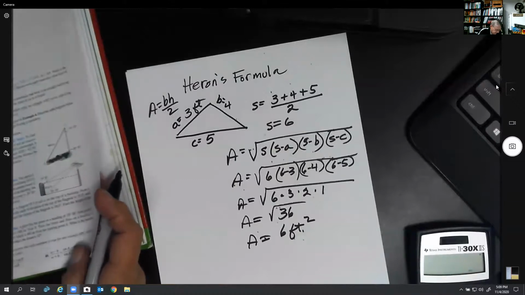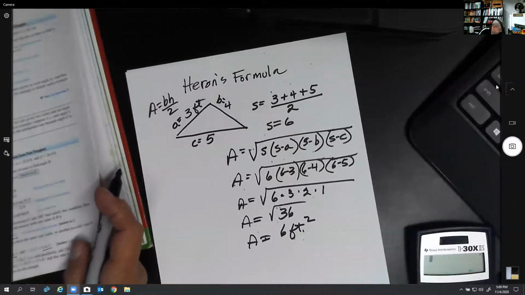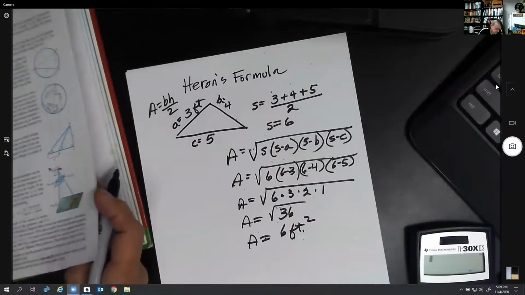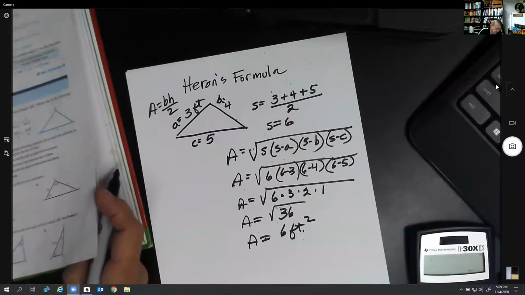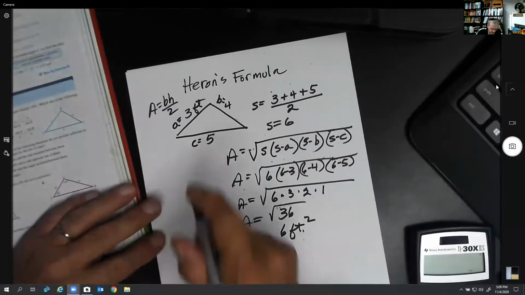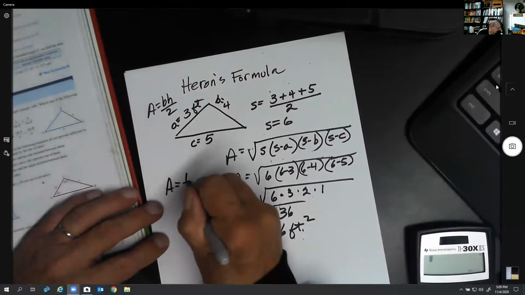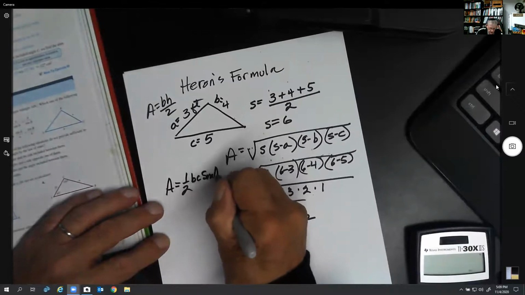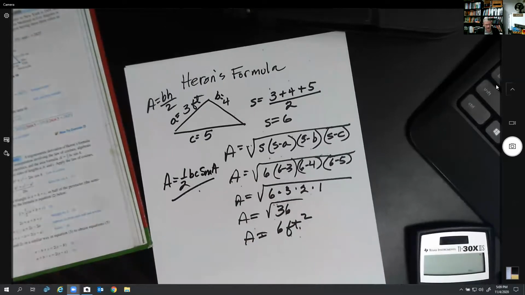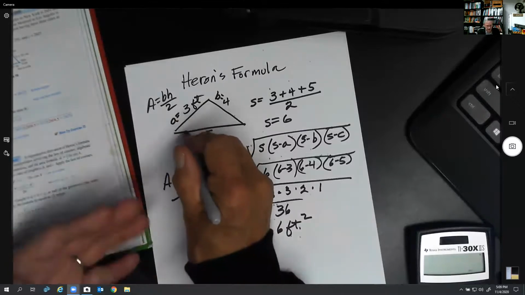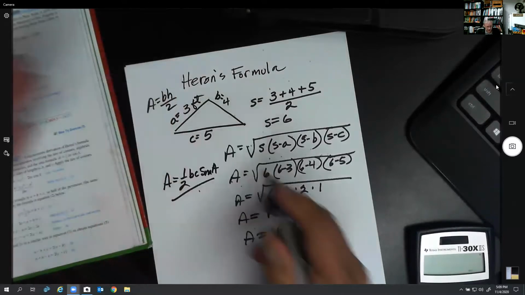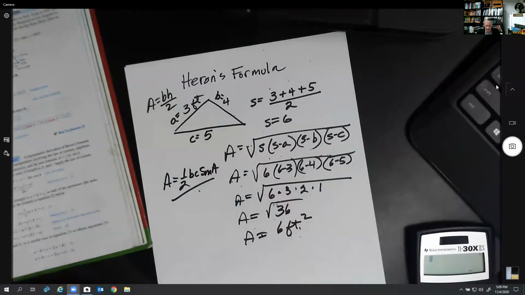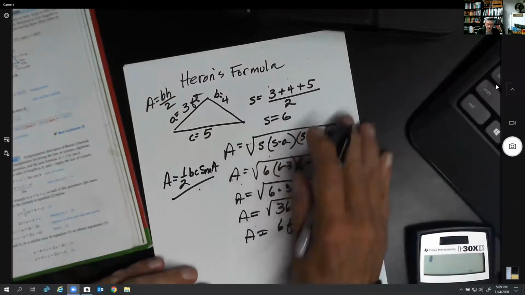In 7.1, the area is equal to 1/2 BC sine A. But the problem with that is you have to use law of cosines to find the angle. It'd be a lot of work. So this is a lot easier.